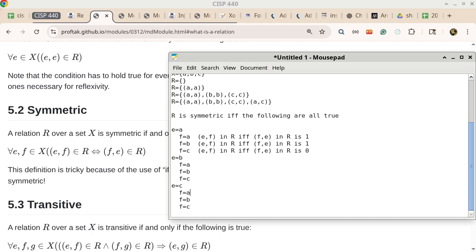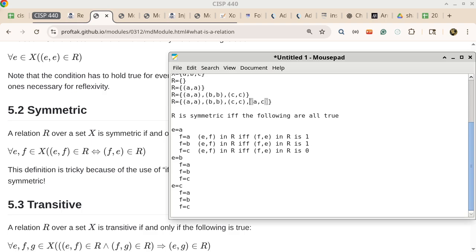Well, one false is enough, because we need all nine of these to be true in order for the universally quantified expression to be true. So if we find one case that is false, we automatically conclude that it is not symmetric.